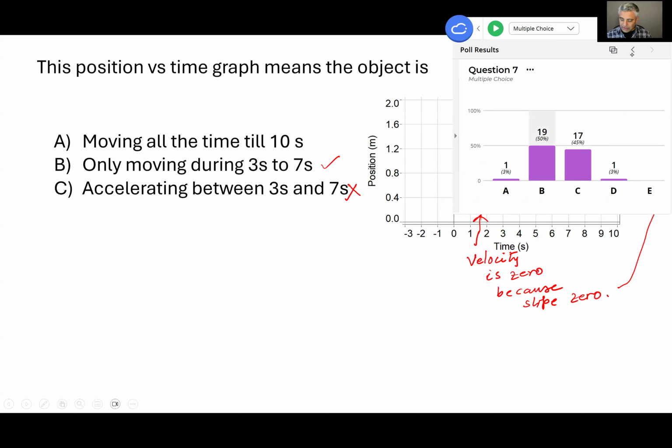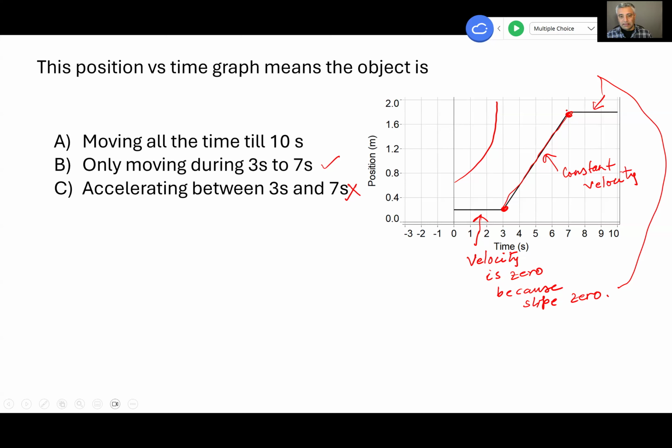So correct answer in this case is B, not C. Accelerating means velocity changing, means slope is changing. One straight line has only one slope. 0 slope, slope is increasing, maximum slope. Vertical line has the maximum slope, okay? And slope can be positive or negative.